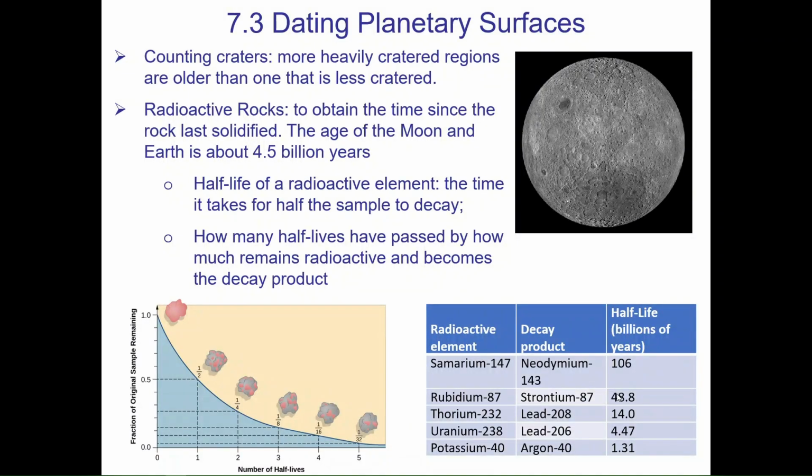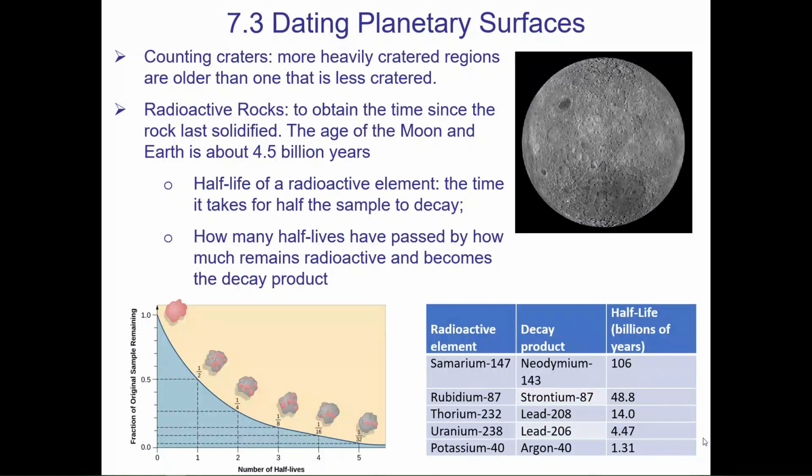And rubidium also has a pretty long half-life. And thorium, uranium, and potassium also have half-lives in terms of billions of years. So they're all very good to date the planetary surface.